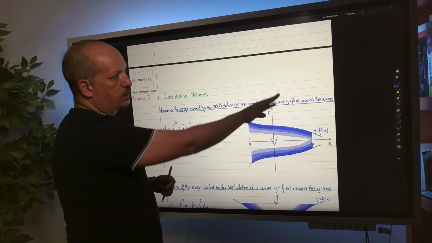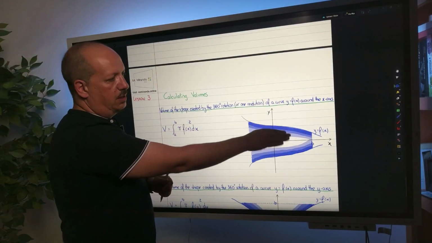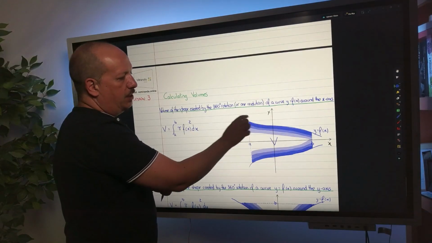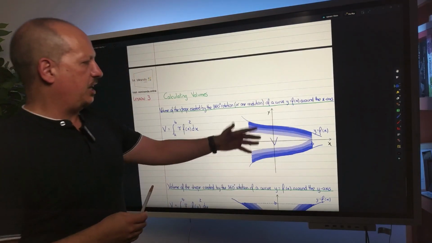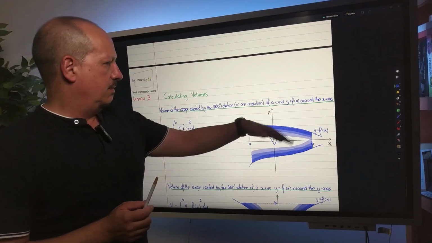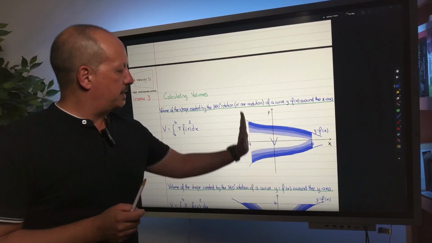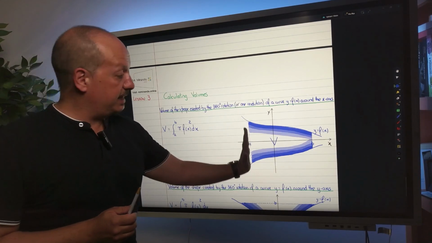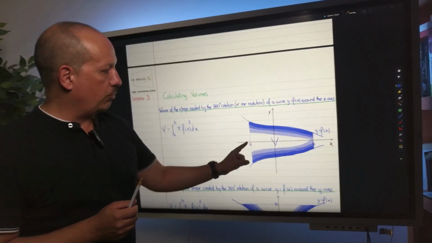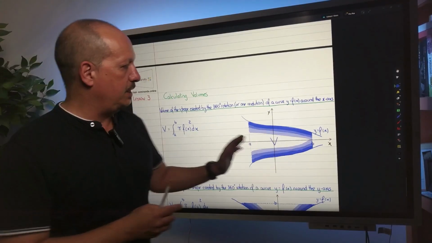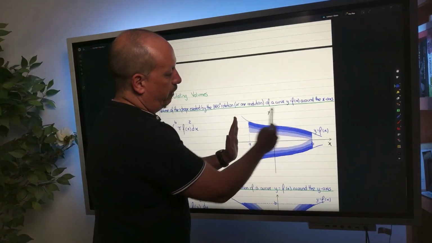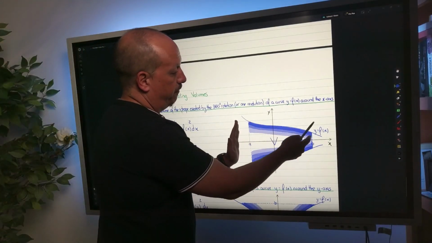So it goes out of this screen towards you and then goes back, and you would have this shape that kind of looks like a laid down vase, right? Which is cut between these two segments over here that cross the x-axis in points A and B. So you will have the volume of this shape over here.